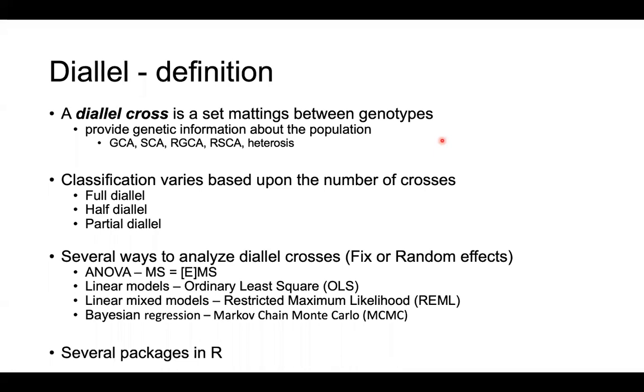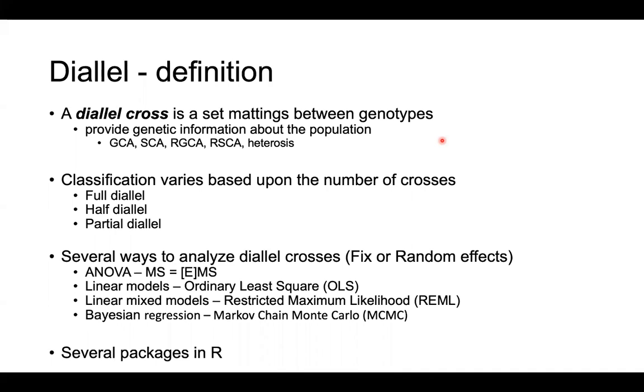And based on the number of parents and the number of crosses that those parents participate in, we can classify diallels differently. So for example, if we use all of the parents, we can develop a full diallel, or a half diallel, or a partial diallel.